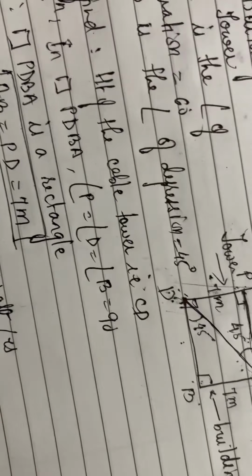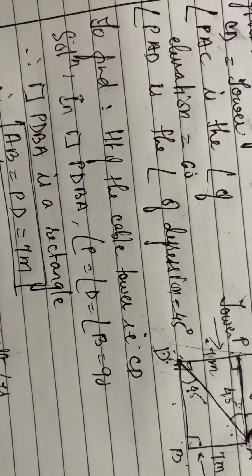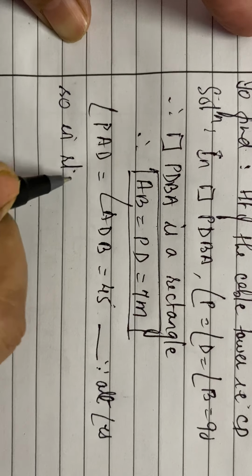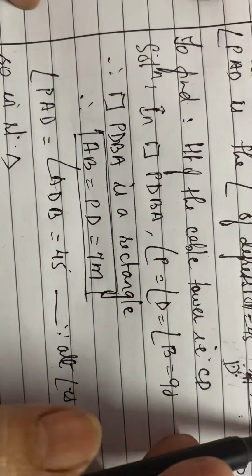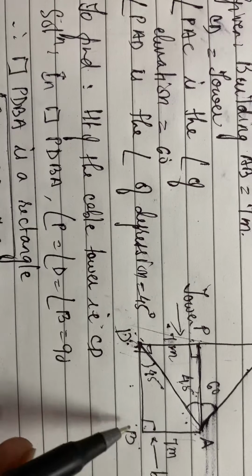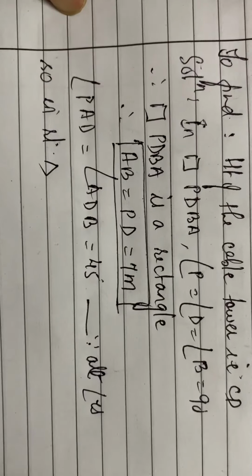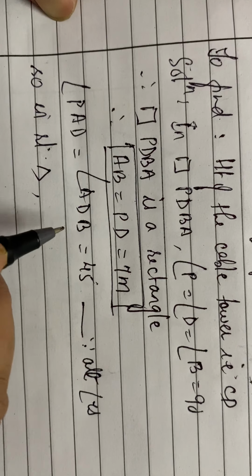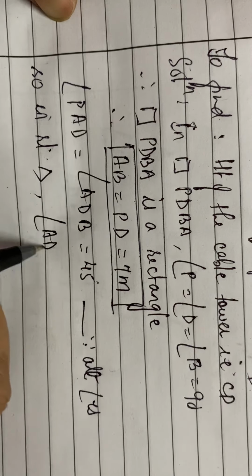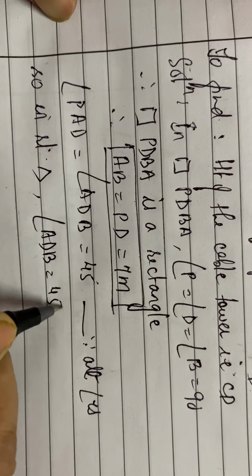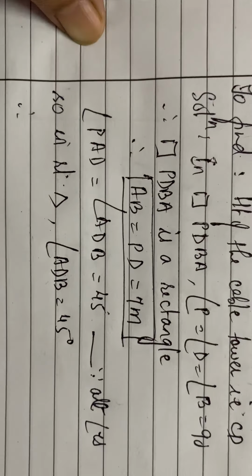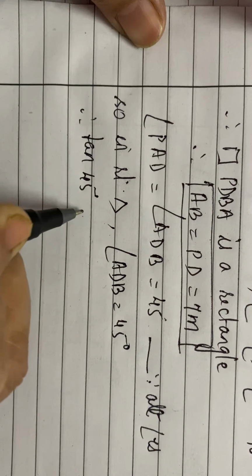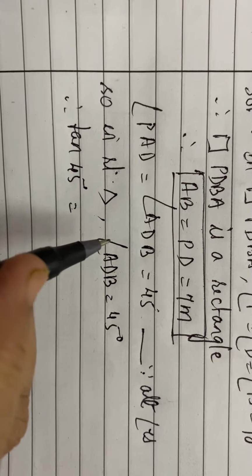Okay. Now, so in right triangle, which right triangle? ABD. This right triangle ABD. In right triangle ABD, angle ADB is equal to 45 degree. Therefore, tan 45. Tan ratio is opposite upon adjacent.